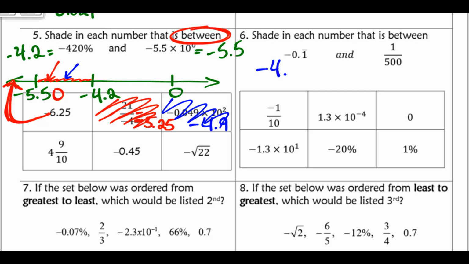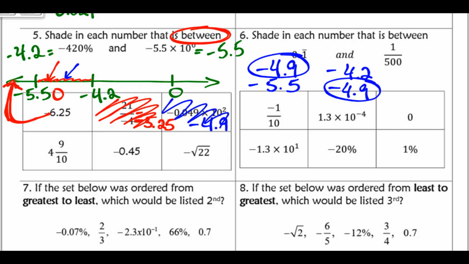Negative 4.9 versus negative 5.5. This is going to be farther to the right. It's the smaller negative number. But the opposite is true when we compare it with negative 4.2. Negative 4.2 is farther to the right. So it's going to be somewhere in between that, and then it's bigger than negative 5.5, but smaller than negative 4.2.